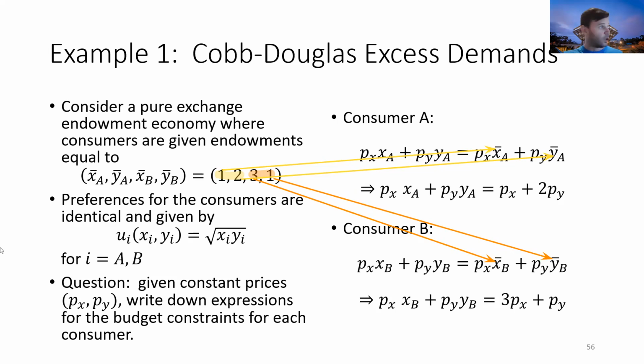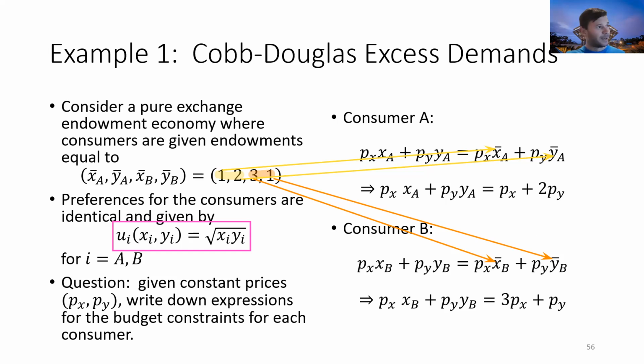Okay, we also have the preferences for these individuals. So if you have the preferences and you have the budget constraints, you should be able to solve the utility maximization problem, which you had done extensively in Econ 100A.